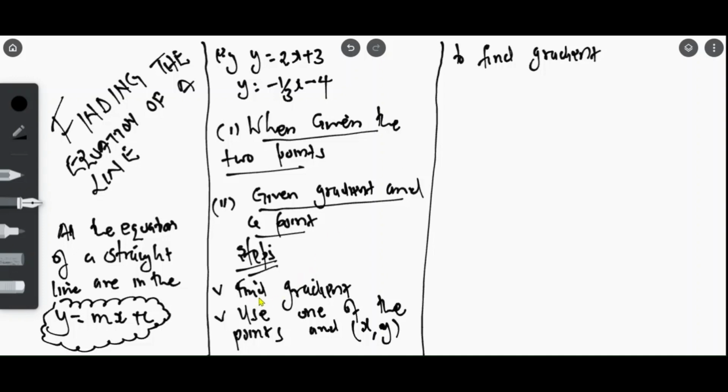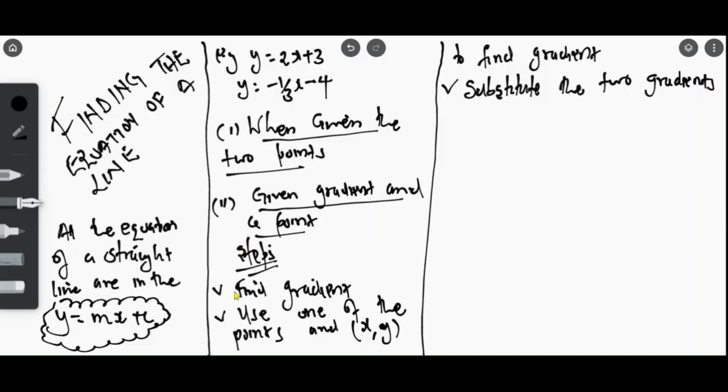So you use one of the points that you've been given, and xy, to find the gradient. And the last step is substitute the two gradients.